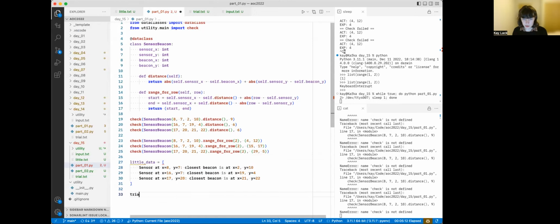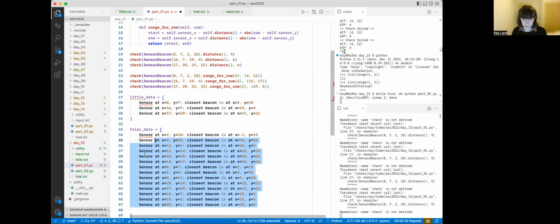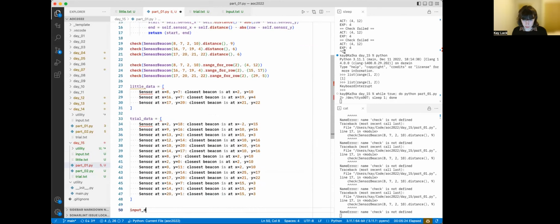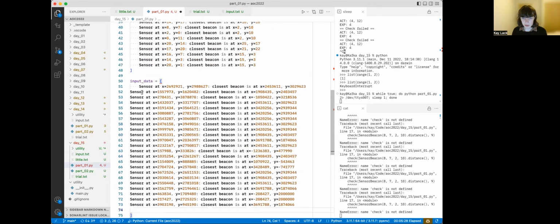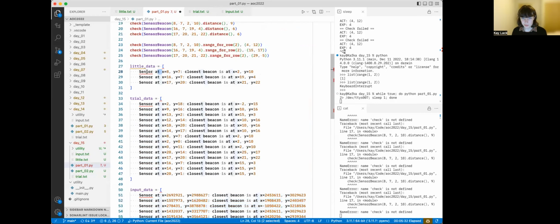And I'm going to say trial data. I'm going to say input data. And you know what I've learned? If you're going to do this, never type the numbers yourself.